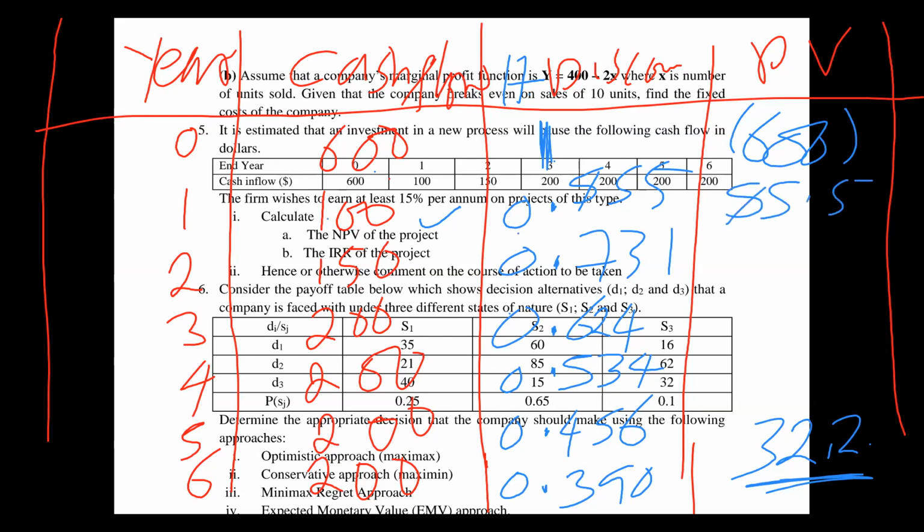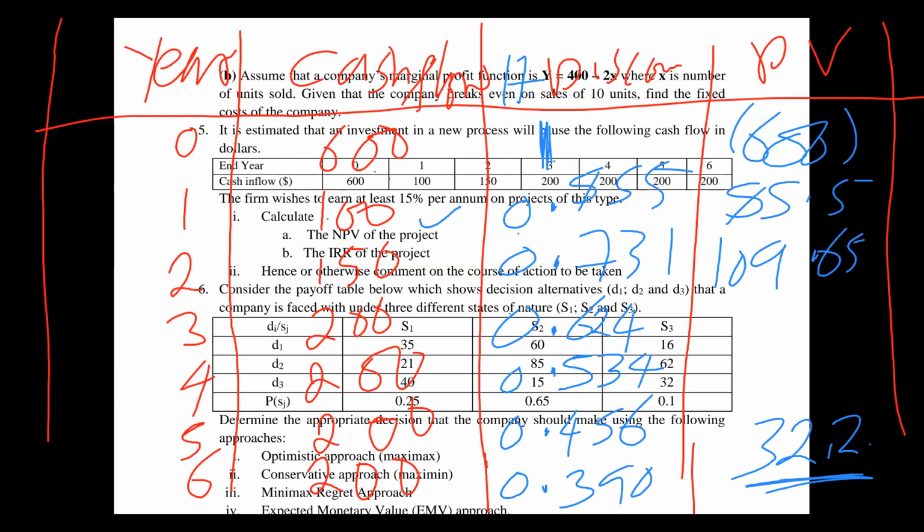You're following the way I'm multiplying, right? 150 times 0.731, you get 109.65.